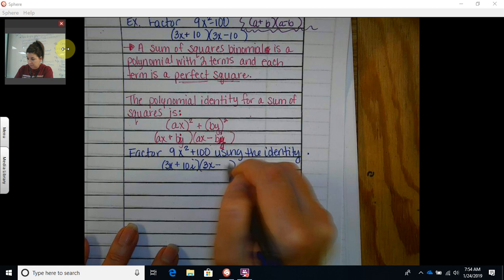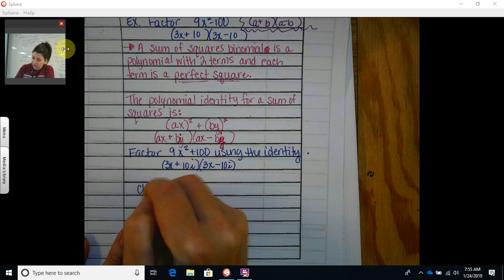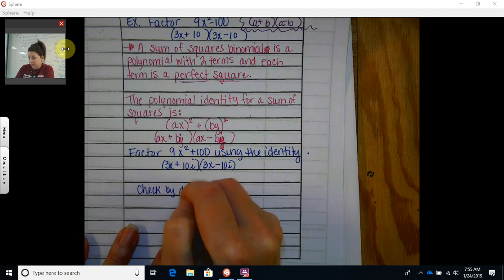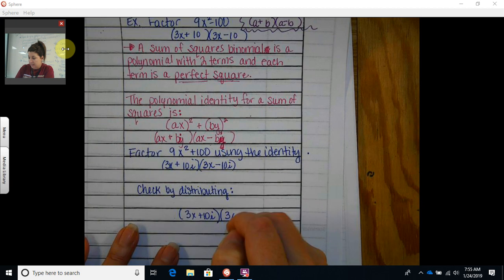Boom. Done. Factor out a GCF at the beginning if there is one. There wasn't. So let me just check my work. I'm going to distribute to see if that actually works out to get 9x squared plus 100. Okay? So I will check by distributing. So I have 3x plus 10i times 3x minus 10i.